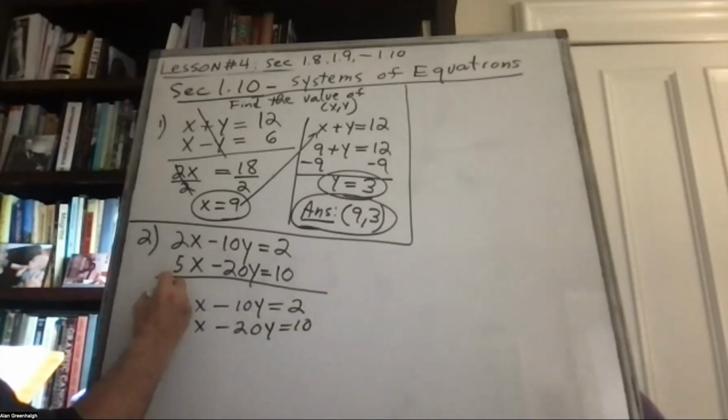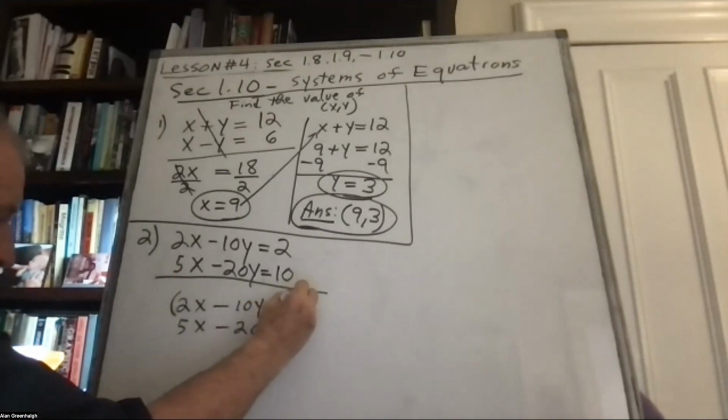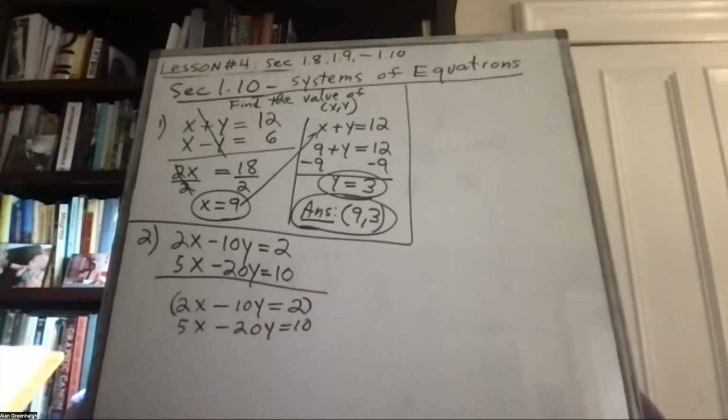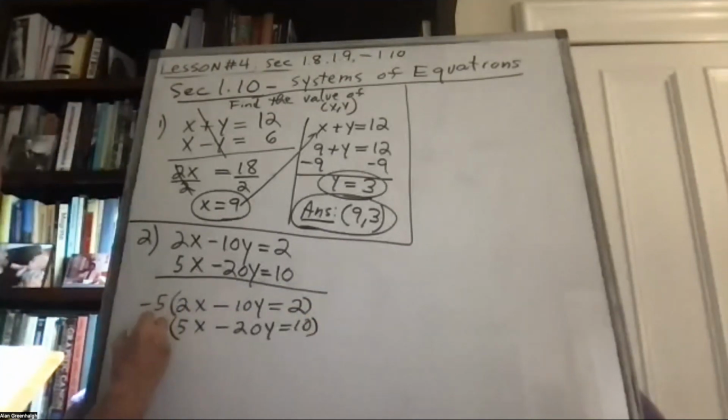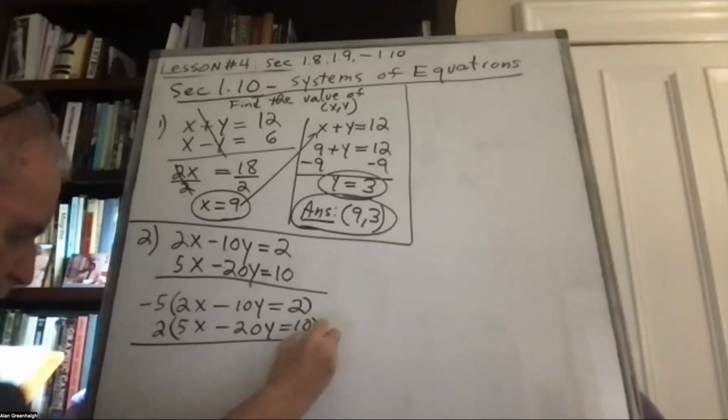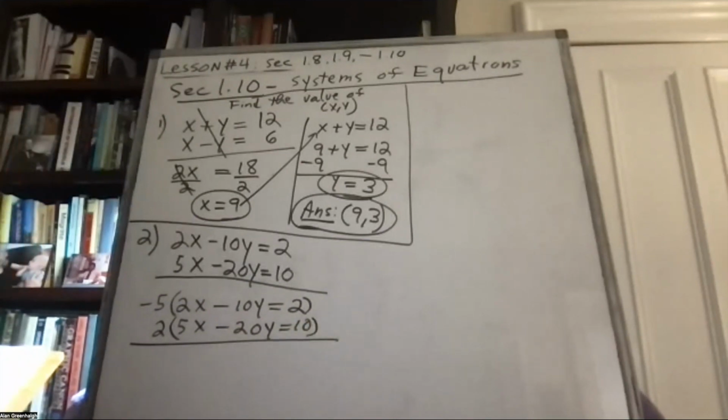So you want to take this whole equation, right, and do what with it? Times it by -5. And what else would you like to do? Times the 5 by +2. Okay, let's see what happens.